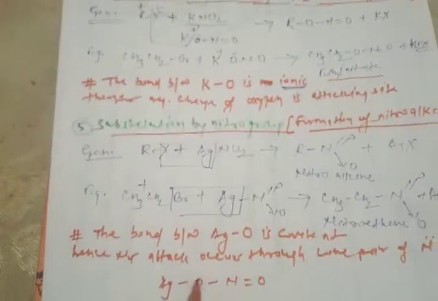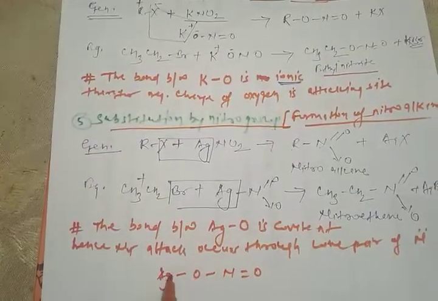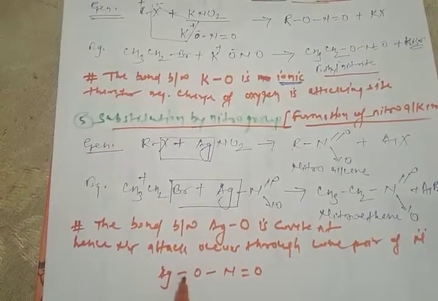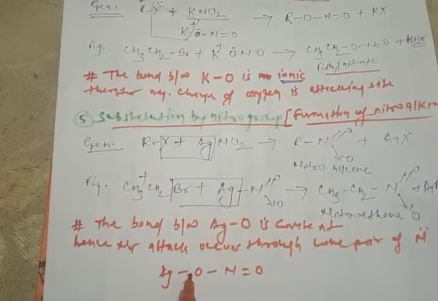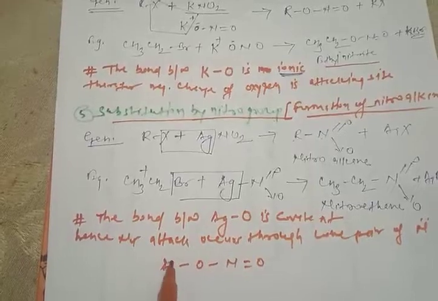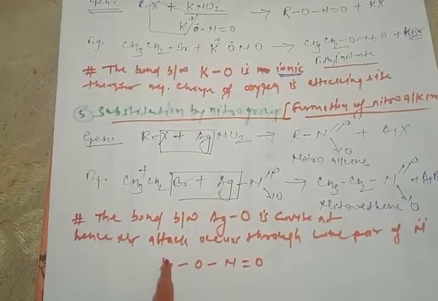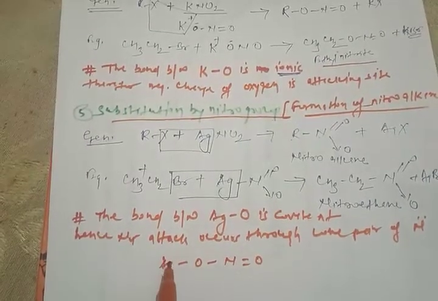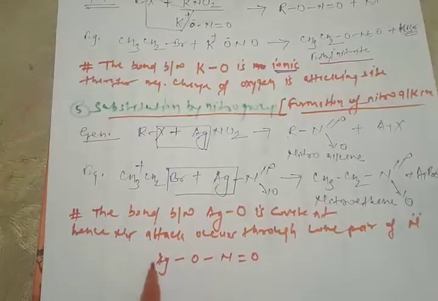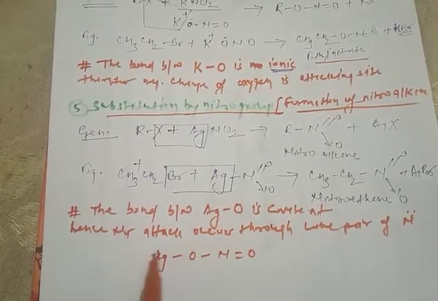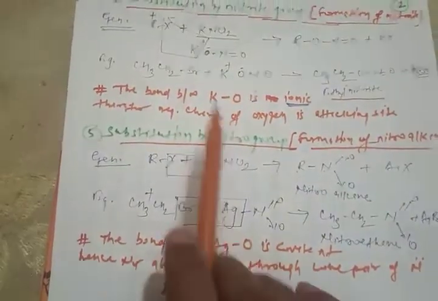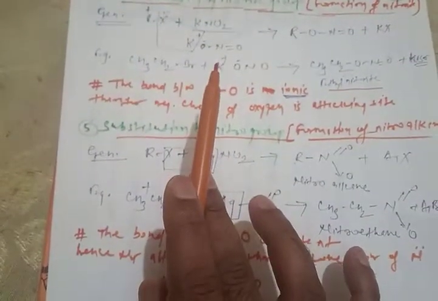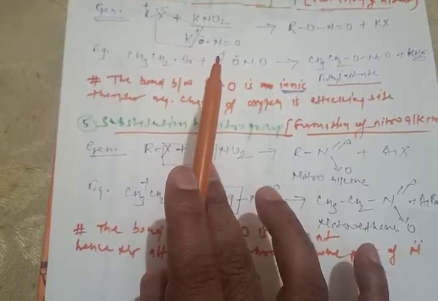So this bond is what? Covalent bond. Okay, and if you go for a deeper study and write the electronic configuration, this has the complete inert gas electronic configuration, but in this case the potassium does not have inert gas electronic configuration, so there is polarity.